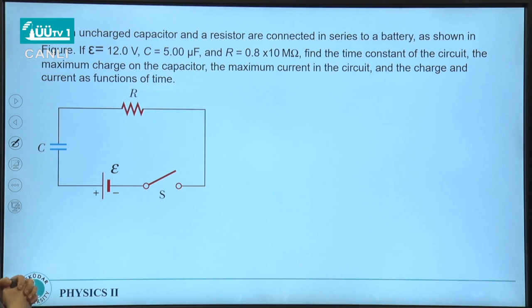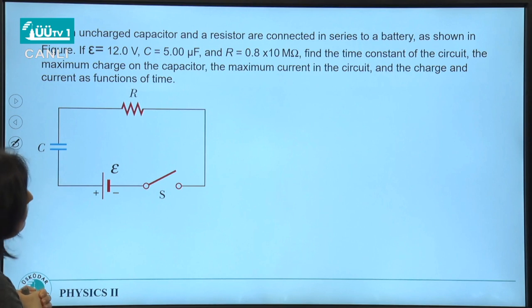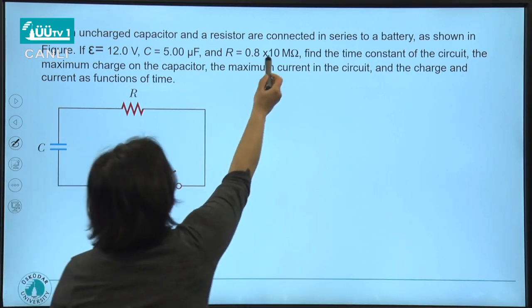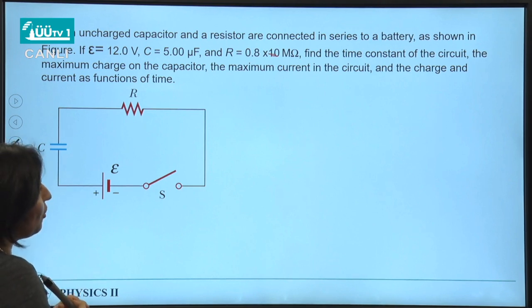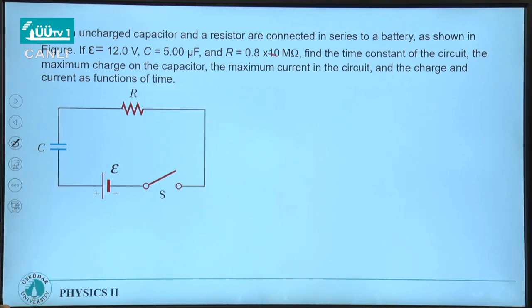If the EMF is 12 volts, the capacitance is 5 microfarad and R is 0.8 mega ohm, find the time constant of the circuit, the maximum charge on the capacitor, the maximum current in the circuit, and the charge and current as functions of time.